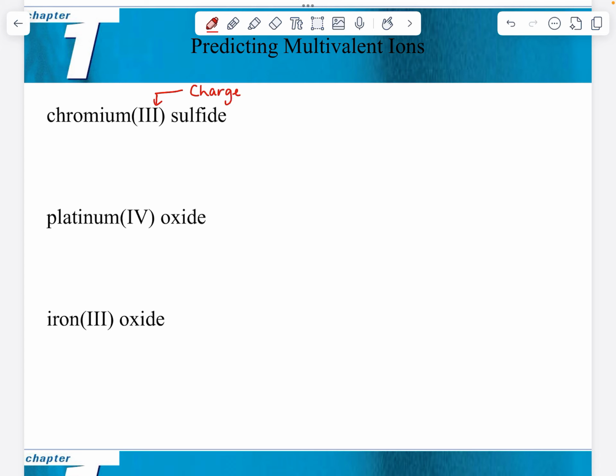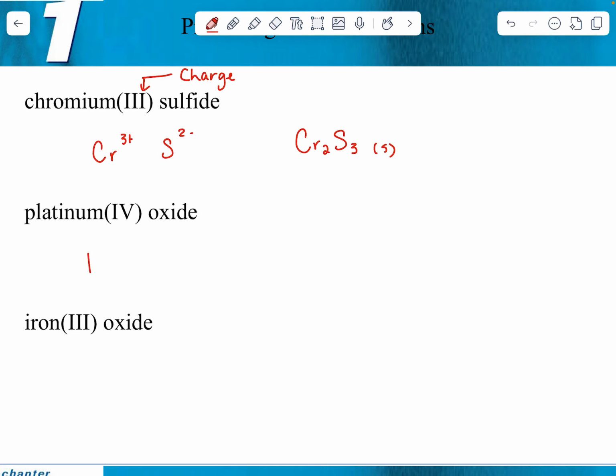So if I have chromium, that would be Cr3 plus, sulfide is a 2 negative, and I need to make sure that I'm balancing the charges still. So it would be Cr2S3 solid. Platinum 4 would be Pt4 plus, oxide's 2 negative, so it would be PtO2 solid.